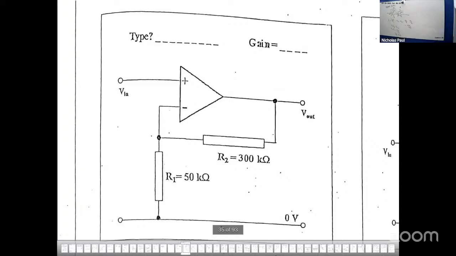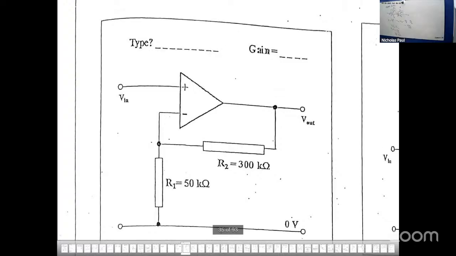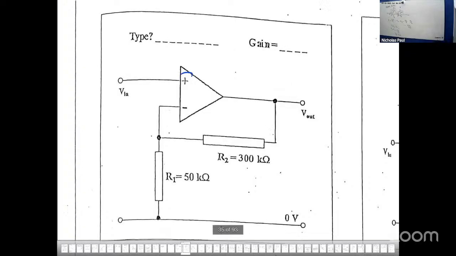Alright, Yash. What is this here? What's the name of it? Non-inverting, because the input is run through the positive, and the inverting is connected to earth. Nice. So number 1 is non-inverting.